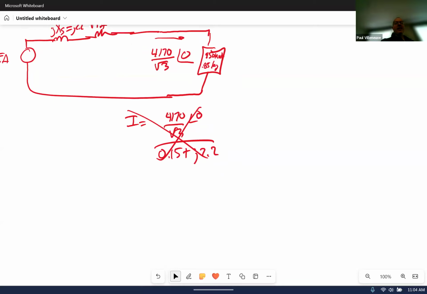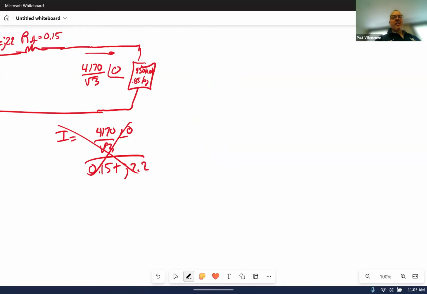So then to calculate I, S equals the square root of 3 or 3, depending on which one you do, VI conjugate. Okay, so this is line quantities, and these are phase quantities. If you use the 2400 volts or whatever the 4170 divided by square root of 3 is equal to, then those are phase quantities.